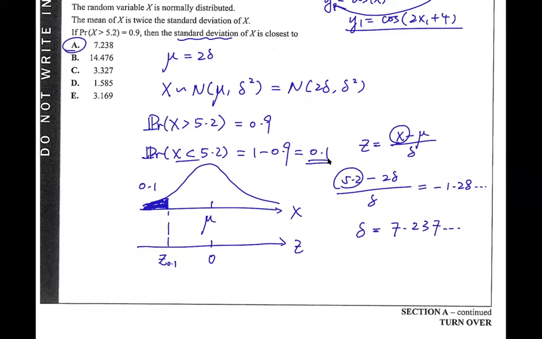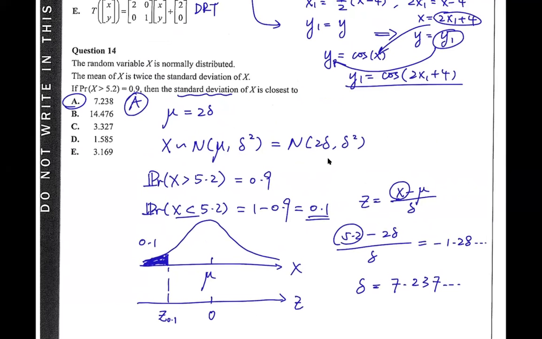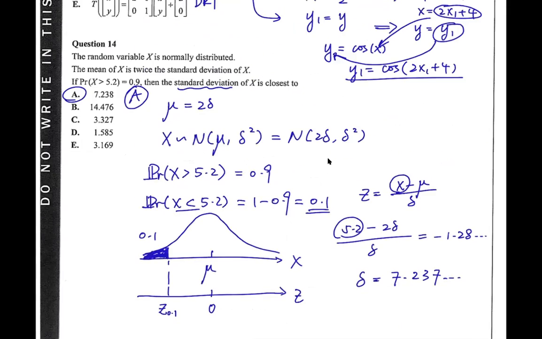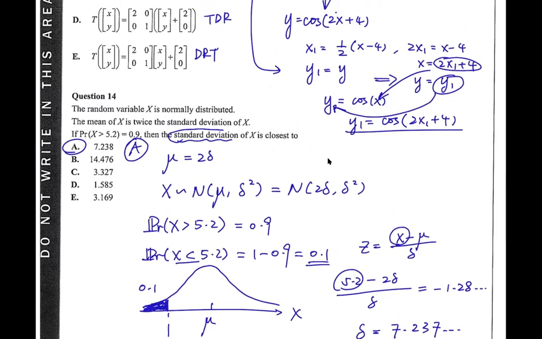The closest answer is A. Correct to 3 decimal places. Let me double check again. Yes, it's looking for the standard deviation. If it's looking for the mean value itself, it will be option B, but here we want the standard deviation of x.